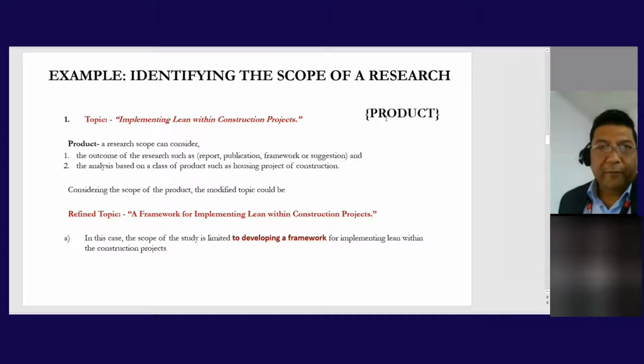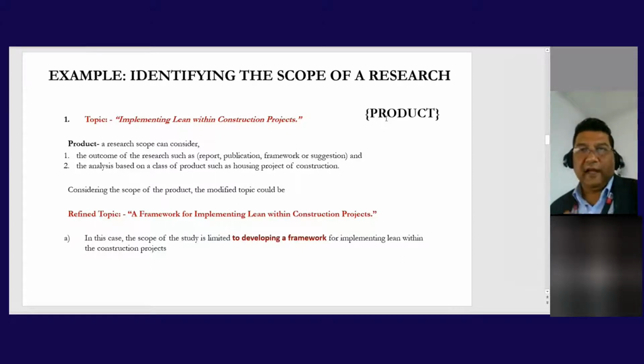Now, the product could be that you are coming up with a guideline to implement best scheduling practice in IT industry. So your product is the guideline. The product could be a framework to implement best practice for scheduling IT projects. So the framework is your product.